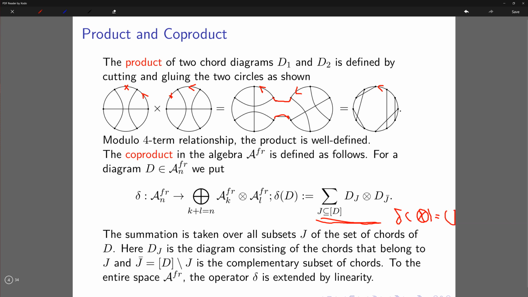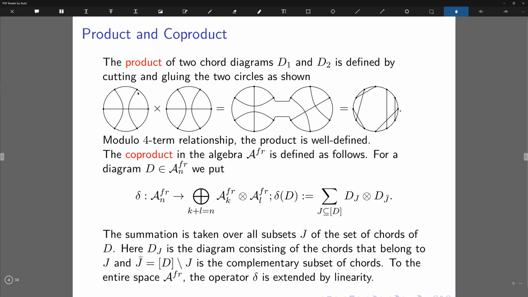So this is an example for a chord diagram of degree 2, and this is the coproduct.